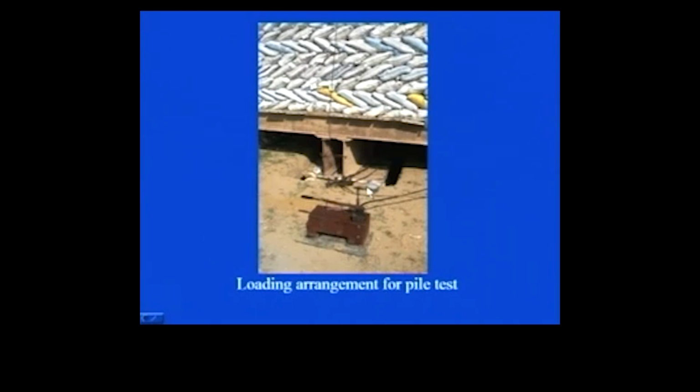By lifting the lever and then pushing it down, the load is mobilized from this assembly, and then with these girders to the pile arrangement over there, and whatever load is being mobilized you can read from this particular dial gauge.